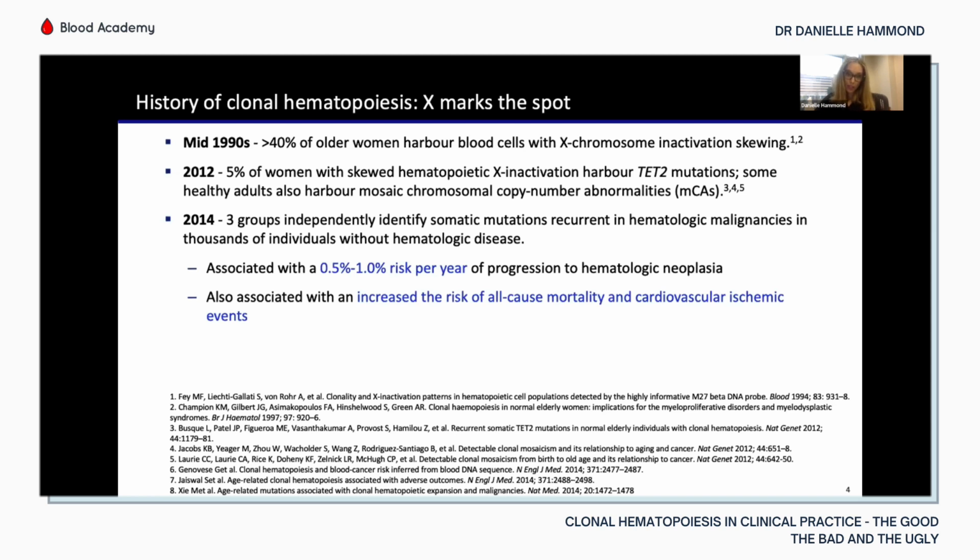And in these unselected populations, the presence of clonal hematopoiesis was associated with a 0.5 to 1% risk per year of progression to a bona fide hematologic malignancy. But the very surprising finding was this association of clonal hematopoiesis with an increased risk of all-cause mortality that primarily was driven by the advent of ischemic cardiovascular events. And that was a truly unexpected finding.